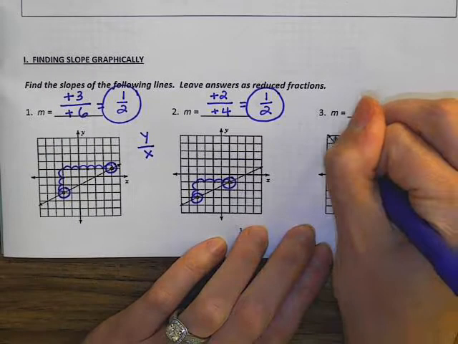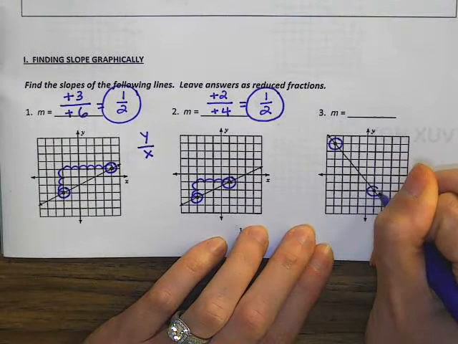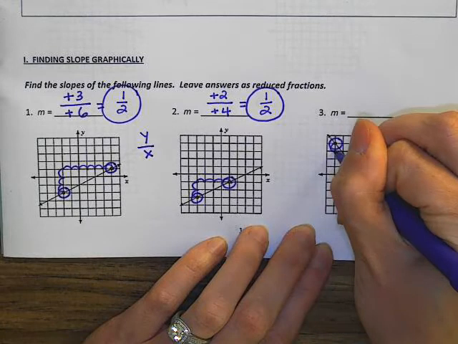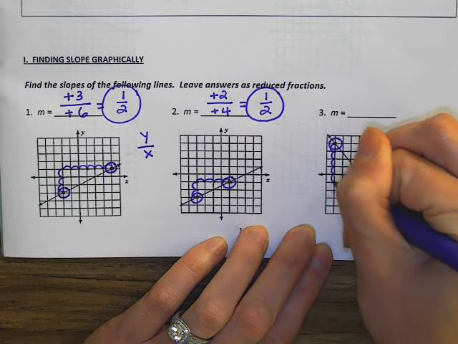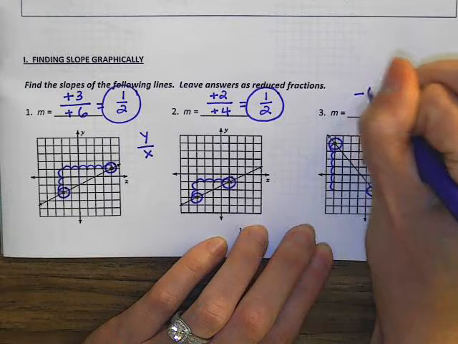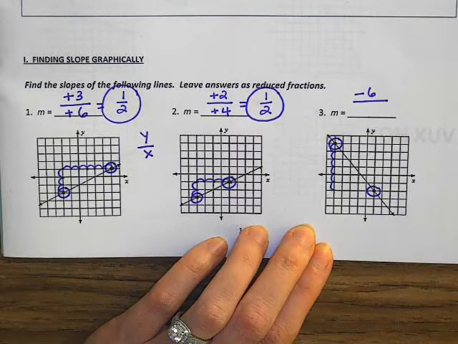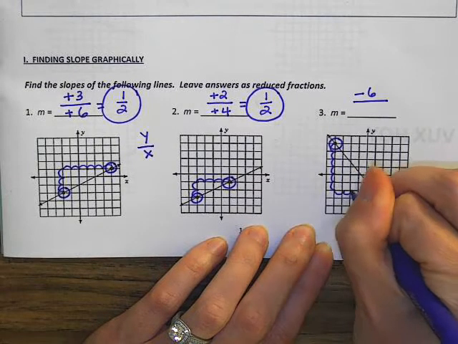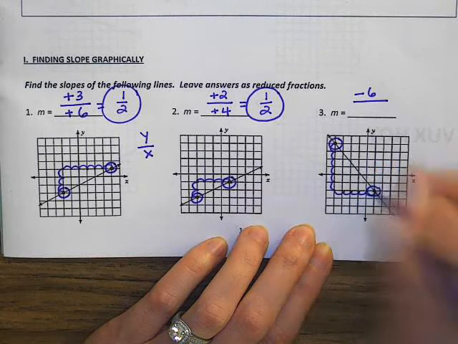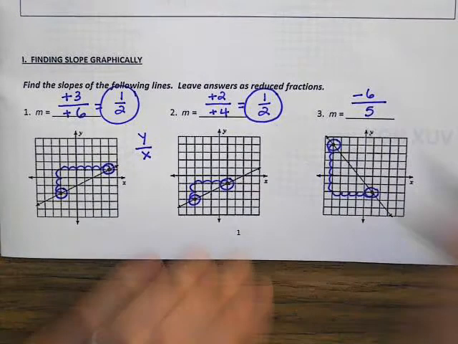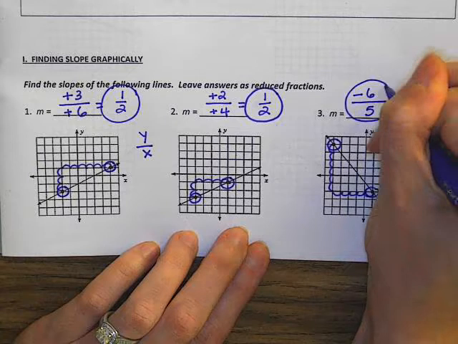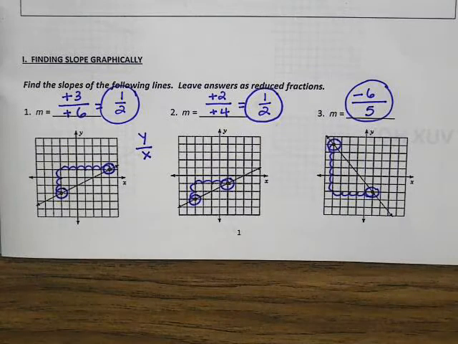All right, from left point to right point. This time we're going down. 1, 2, 3, 4, 5, 6. Down would be negative. And then right 1, 2, 3, 4, 5. So this would be negative 6 over 5, and that doesn't reduce. Okay, so that's finding slope given a graph.